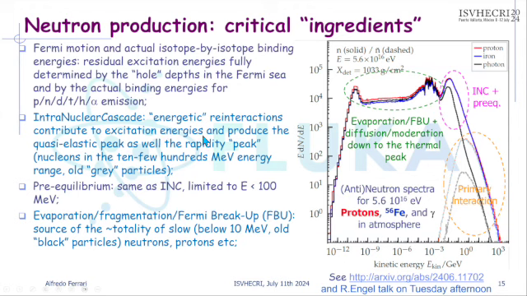Intranuclear cascade reinteractions are important because they contribute to the excitation energy and they produce the famous quasi-elastic peak that you can see in all neutron spectra, together with pre-equilibrium. This is a plot of our calculation of neutron spectra in the atmosphere for proton, iron, and photon projectiles at a given energy.